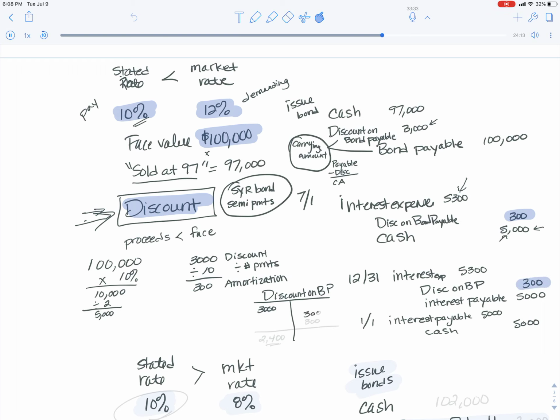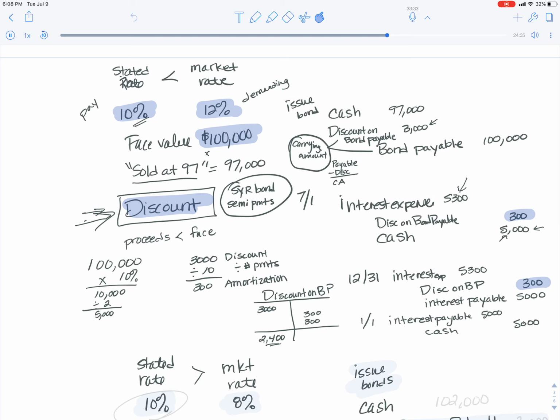So we took out $300 once, $300 twice. So now our discount has $2,400 left in it. And over the next 4 years now, so when 1 year has passed, over the next 4 years, we'll remove that all the way down to 0 until there's no more left.